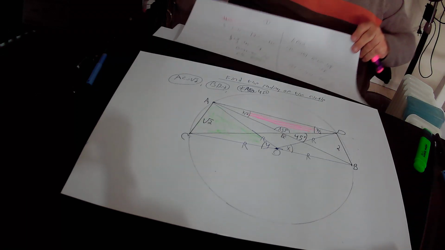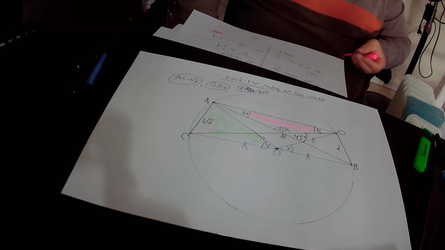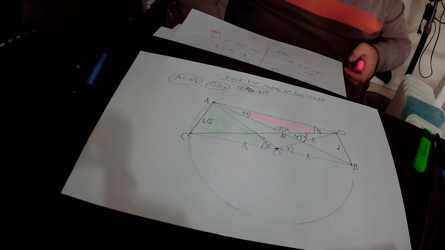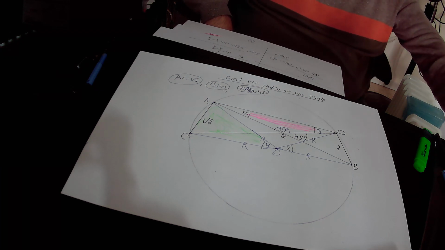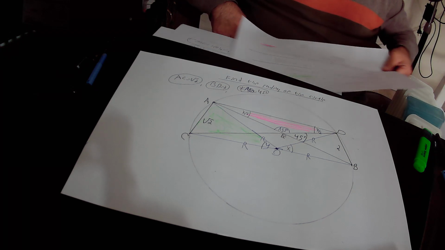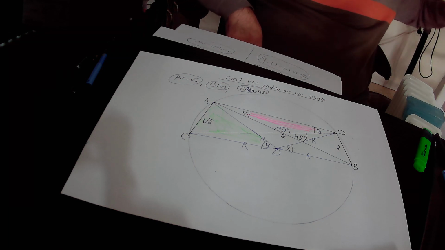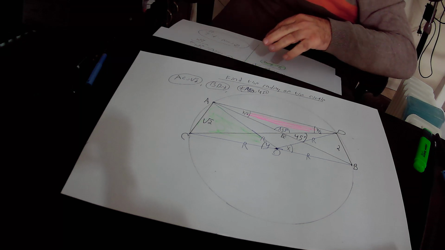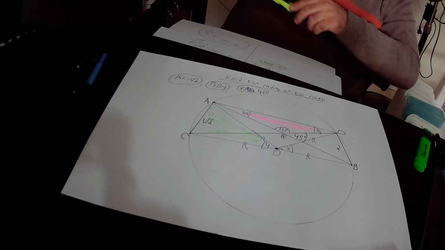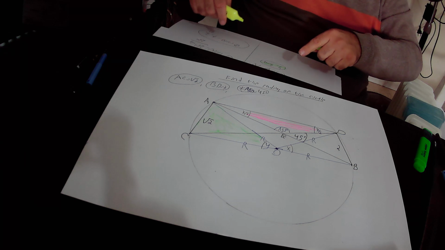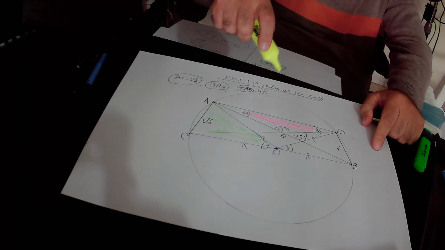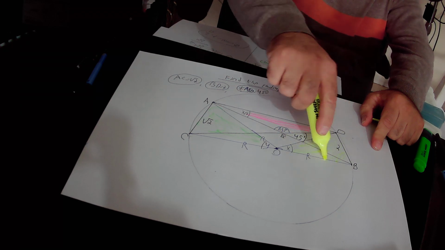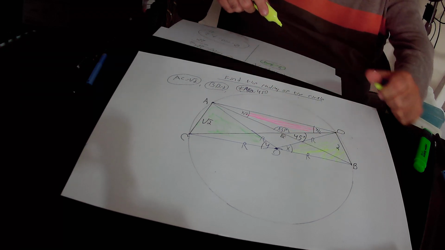Okay, then we implemented the Pythagoras theorem on the yellow triangle, triangle BOD.